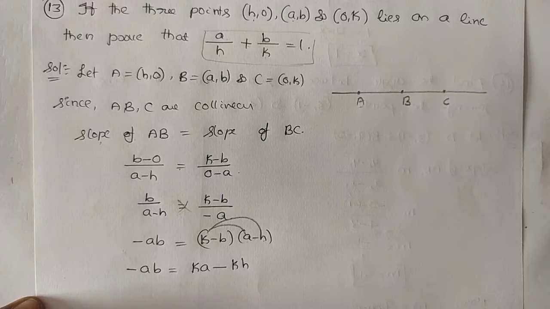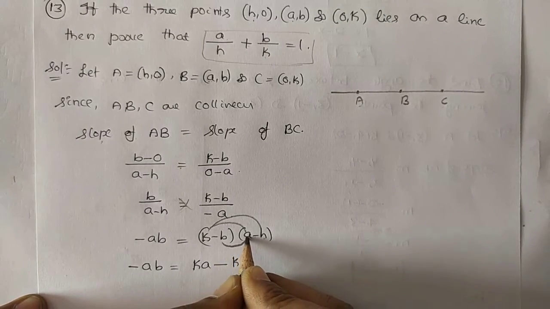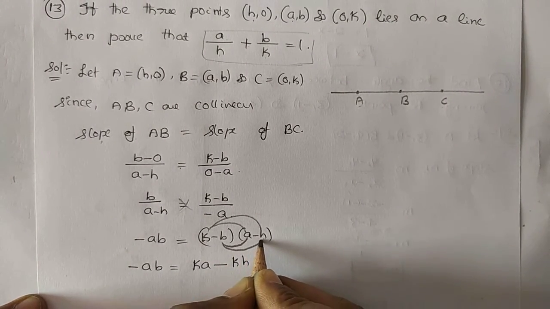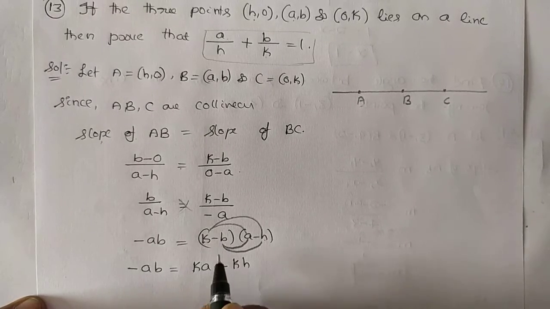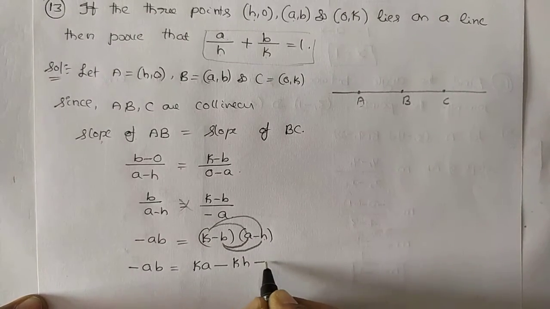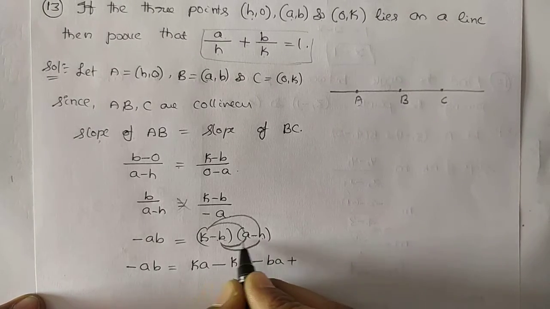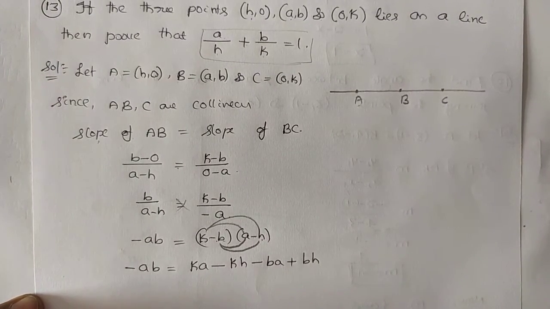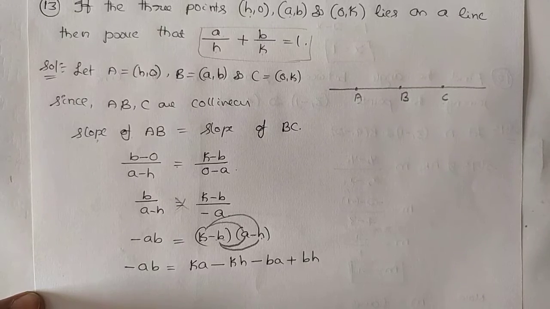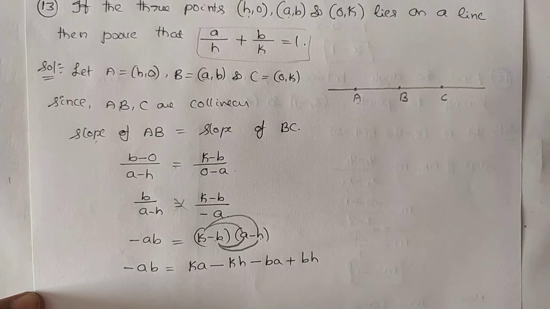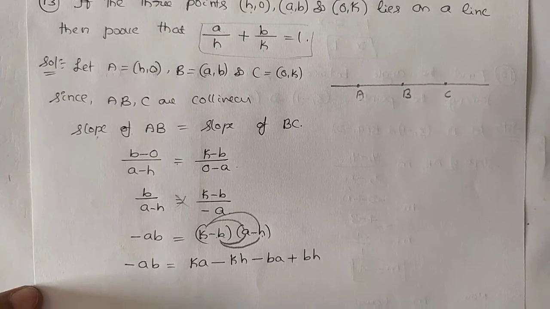Next, minus b into a is minus ba, and minus b into minus h is plus bh. Now, which things may get cancelled?